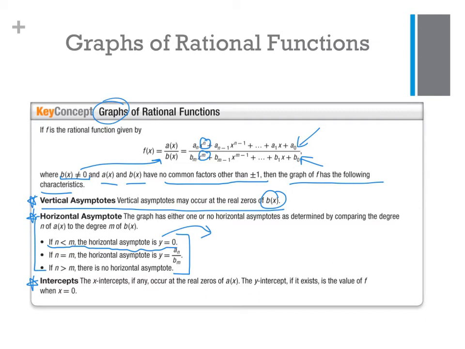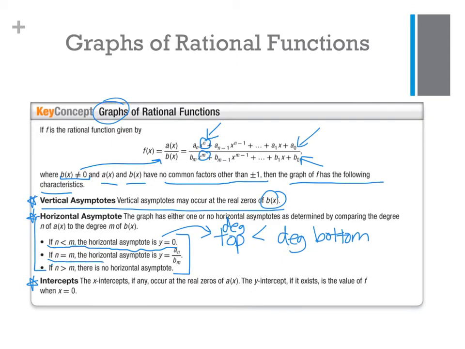Sorry, if n is less than m, so the degree on top is less than the degree on bottom, then your horizontal asymptote is at y equals 0. So the graph is going to approach the x-axis at the ends.